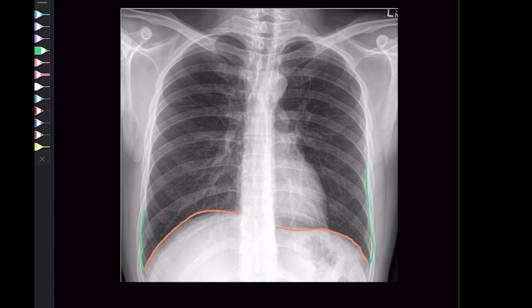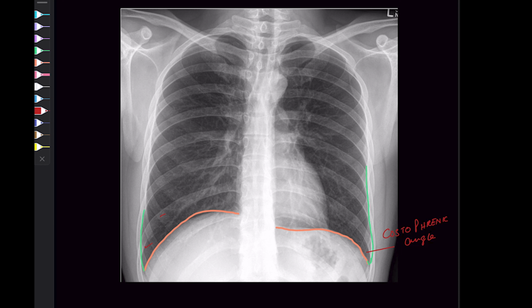Now if you pay attention, you can notice here there is an angle, and this is my costophrenic angle. And this costophrenic angle we can see on both the sides.